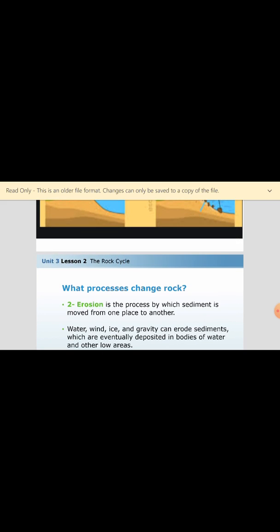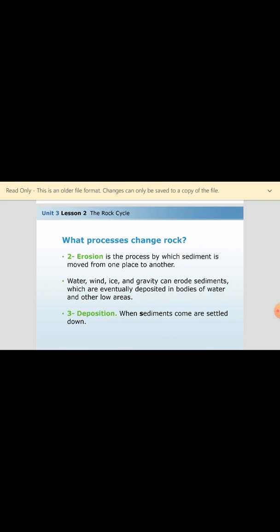Next to weathering is erosion. Weathering, we said, makes sediments, the small fragments. What will happen to these sediments? These sediments will be moved from one place to another. This process by which the sediments are moved from one place to another is called erosion. What helps in erosion? Also water, wind, ice, and gravity.